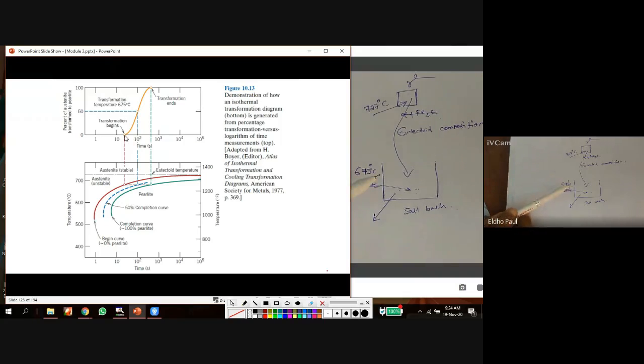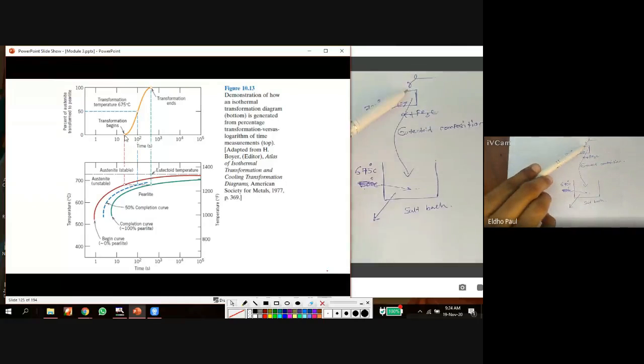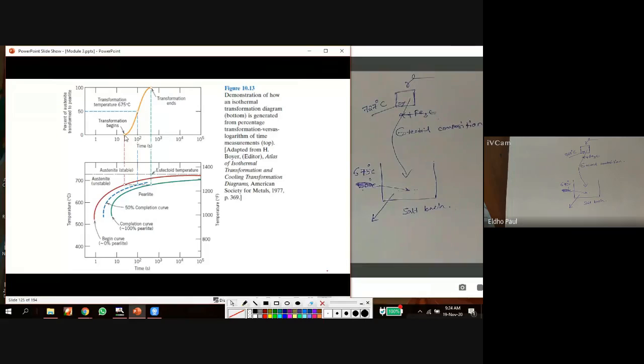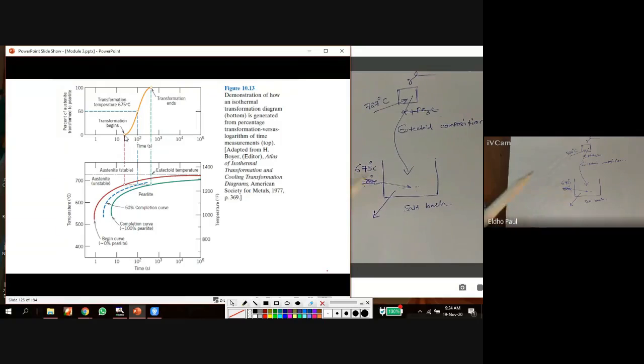But here the temperature is very low. We have to maintain the temperature above 727 degrees Celsius to maintain the austenite state. But here the temperature is less than 727 degrees Celsius. Of course, these gamma particles will convert into another microconstituent.